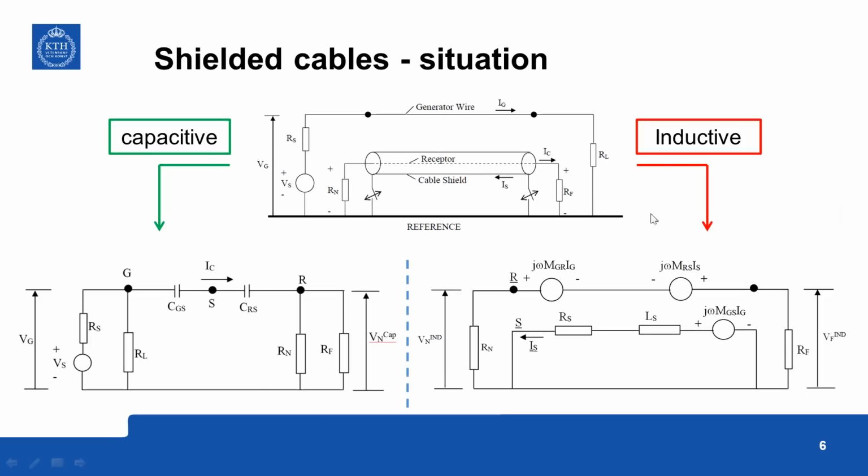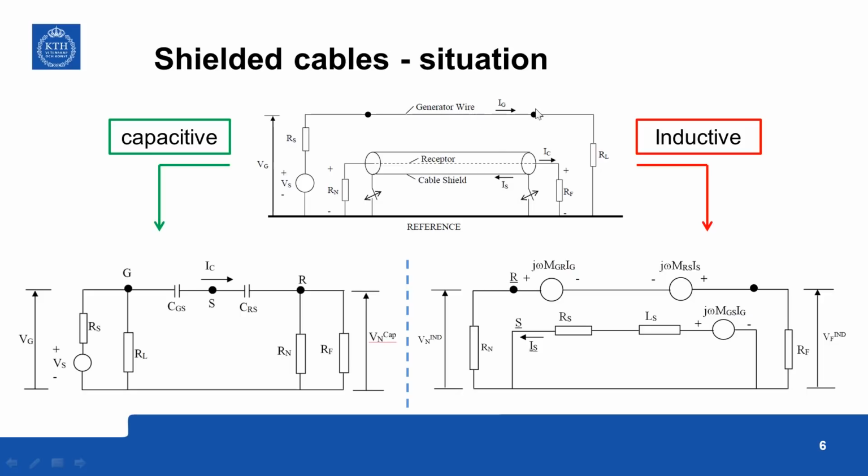Now let us look at the model for the inductive coupling in the case of a shield. So this is much more complicated than before, and instead of one circuit, one voltage source, you will find that there are 3 voltage sources. Let us see how it is coming. Now take the current in this.